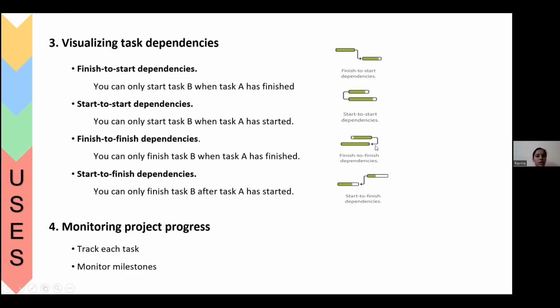So that's how the 4 dependencies work. Hopefully, our project is in a linear form, so this is a finish to start approach, where no other non-linear dependencies exist.